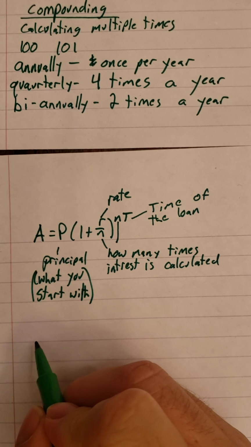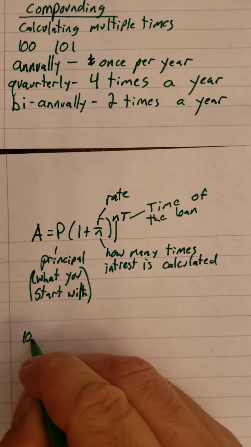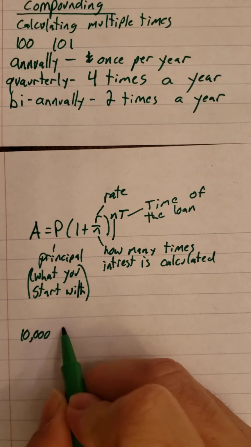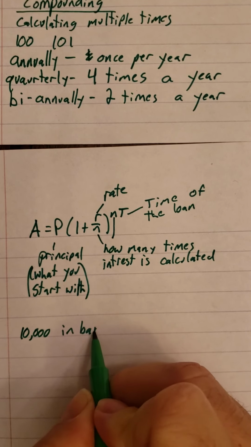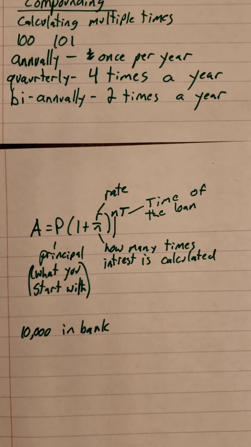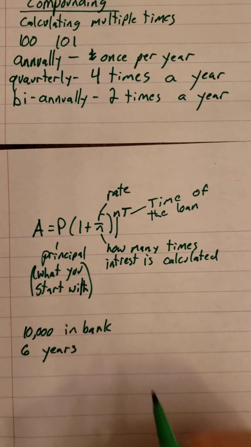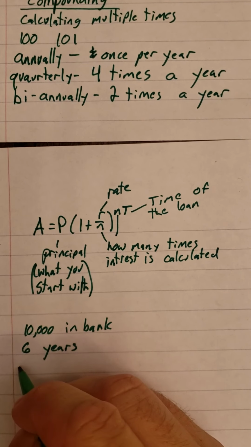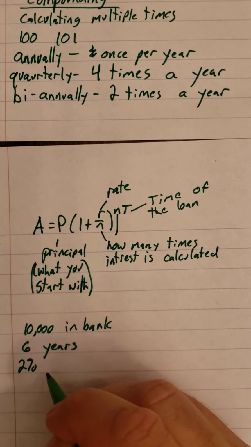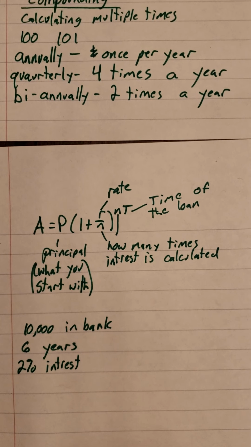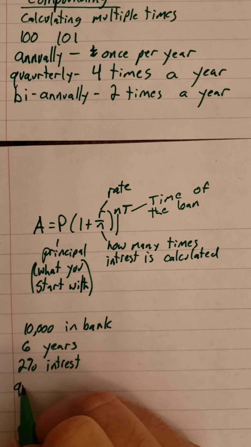Let's say you put in $10,000. So you're going to put $10,000 in the bank. You're going to put it in for 6 years, and you're going to get 2% interest, and they're going to compound it quarterly.